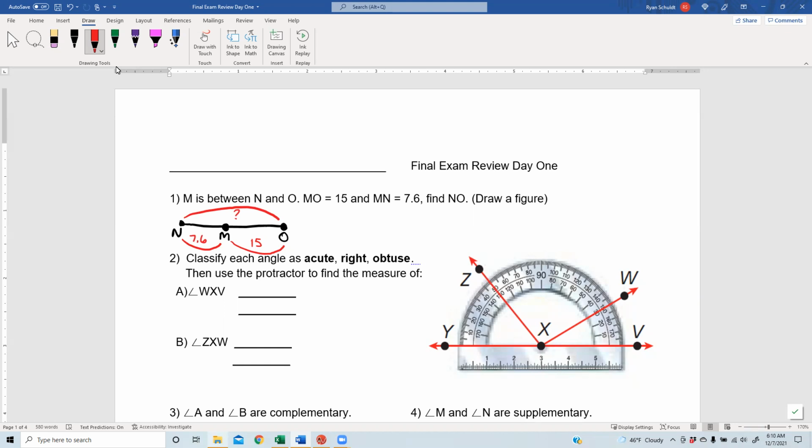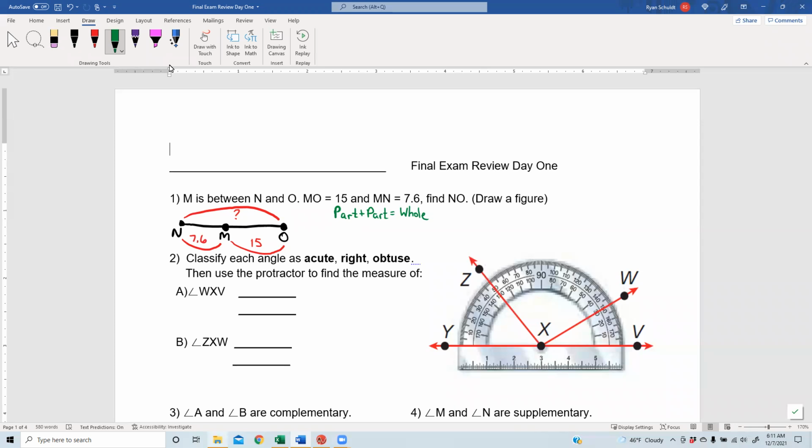Okay, so I have the individual parts. We remember our equation we had something that said part plus part equals whole. Well, I know the two parts, 7.6 and 15.